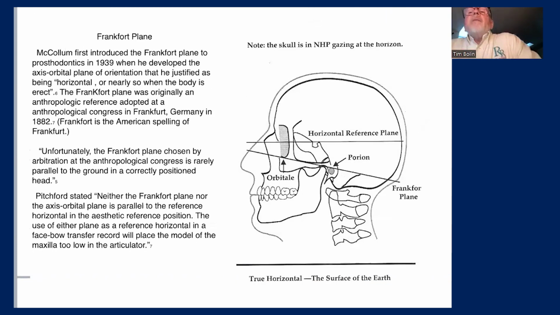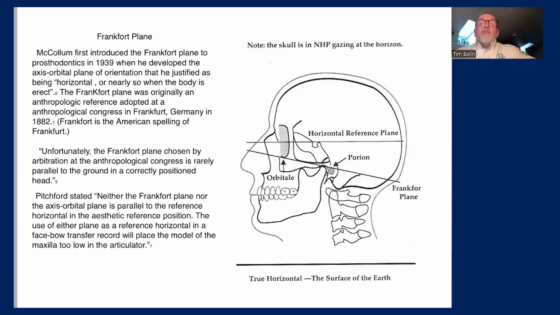The Frankfort plane was first introduced in prosthodontics in 1939 when it was developed by McCollum, and it was called the axis-orbital plane of orientation, which he justified as being horizontal or nearly so when the body is erect. The Frankfort plane was originally an anthropologic reference adopted at an anthropological congress in Frankfurt, Germany in 1882.